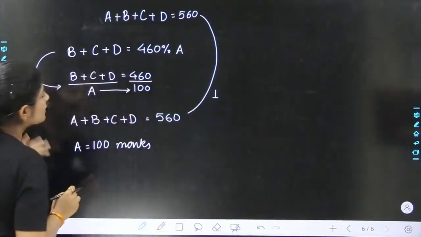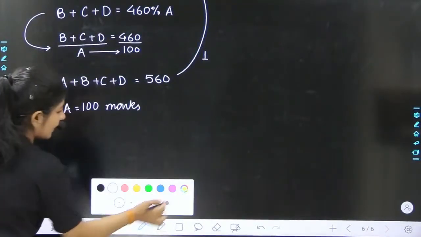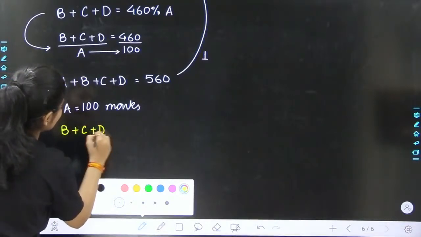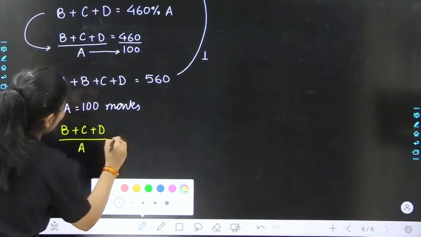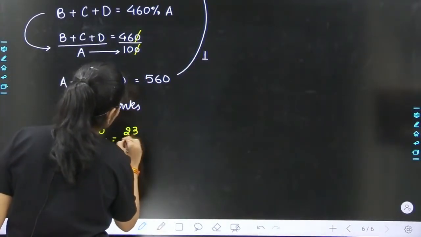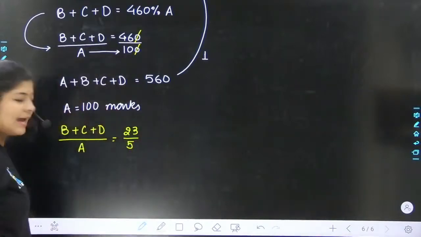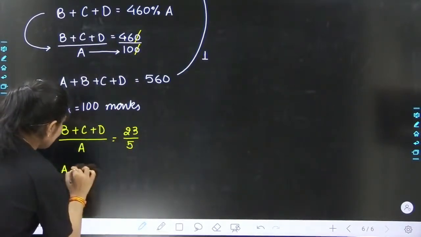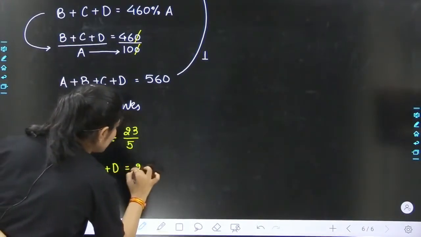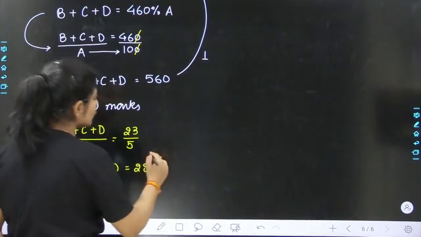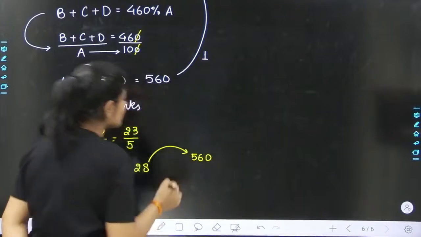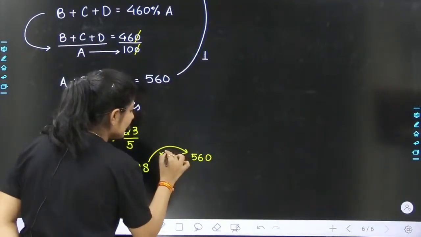Or I can also write it like B plus C plus D divided by A. I can simply eliminate this like 23 by 5, right? And if the sum of marks scored by this should be equal to 28, but as per the question this 28 should be equal to 560, that means it is on the multiple of 20.